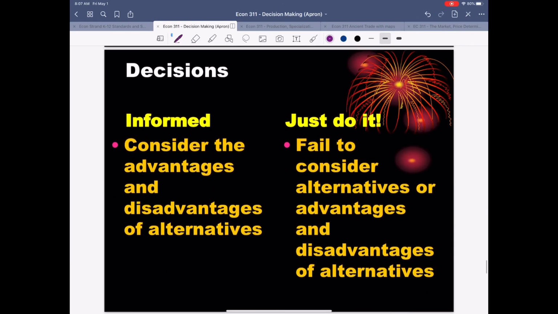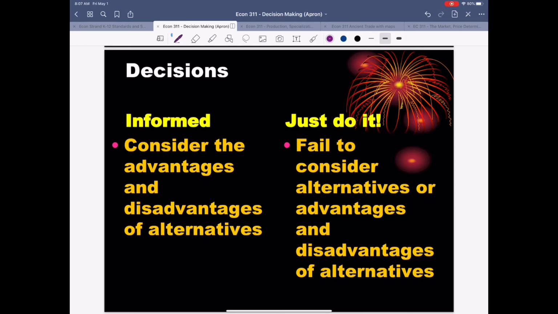And after you read that story and you think about this informed versus uninformed, you realize that informed decisions consider advantages and disadvantages of alternatives. Because they have the information available to them, they're able to weigh their alternatives and make a better decision with a more beneficial outcome to the decision maker.